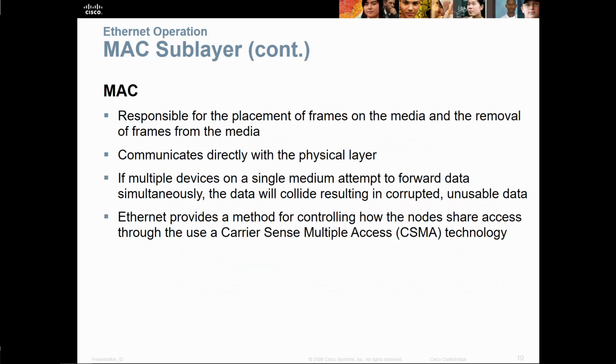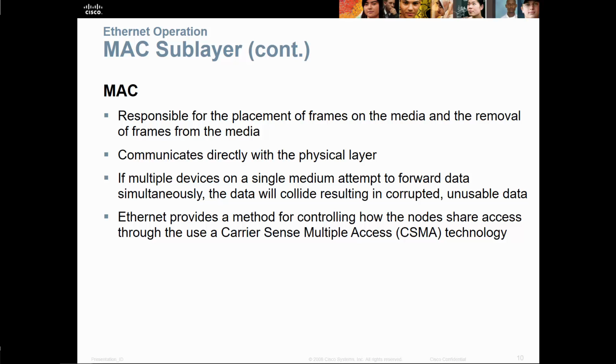The MAC sublayer, the portion that's dealing with the media directly, is responsible for placement of the frame on the media as well as the removal of the frame from the media. It communicates directly with the physical layer. It deals with multiple device communication, which includes things like collisions or corrupt or unusable data.